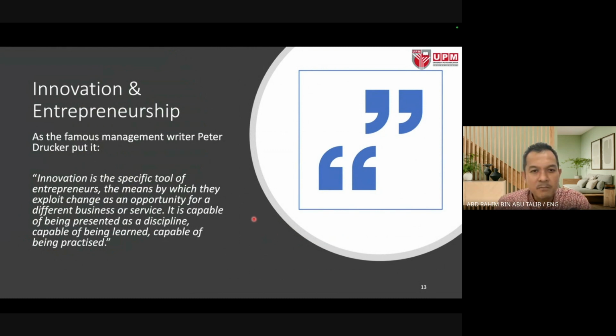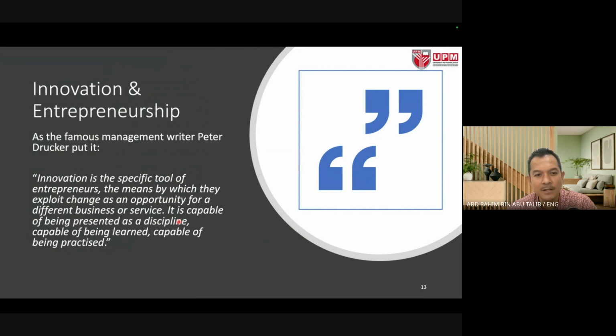The famous management writer, Peter Drucker, if you Google his name, you will find so many articles or books from Mr. Peter Drucker. He mentioned that innovation is the specific tool of entrepreneurs, and the means by which they exploit change as an opportunity for a different business or service.